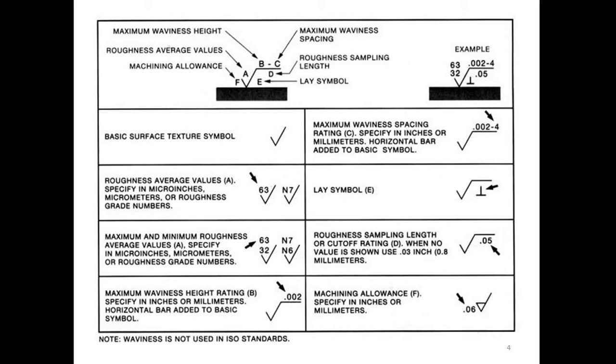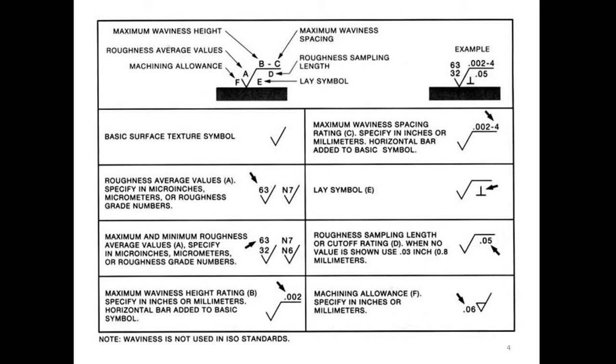First, we will give just a brief overview. First is the basic surface texture symbol. Second, the roughness average value, that is the Ra value 63. N7 is a grade number. Roughness average value A is specified in micro inches, micrometers or roughness grade numbers.